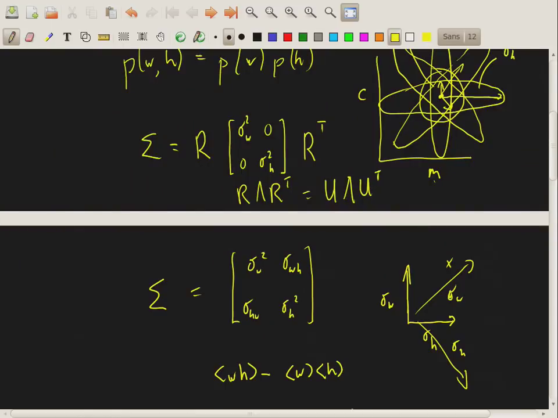This is a diagonal matrix and these are the rotation matrices. So U is giving us these principal axes, lambda is giving us these off-axis directions. The determinant of a matrix turns out to be equal to the product of the diagonal of the eigenvalues.